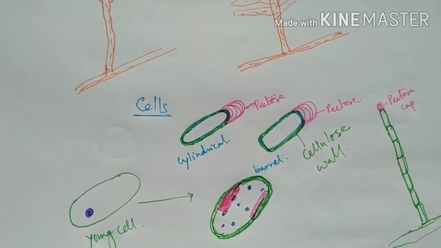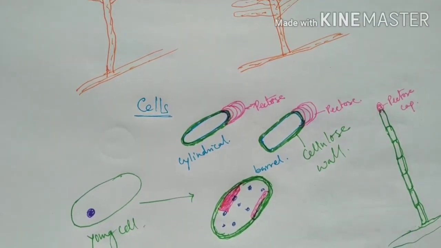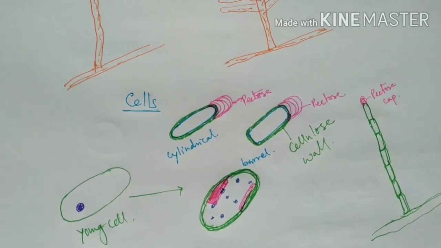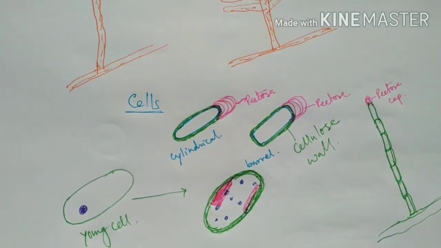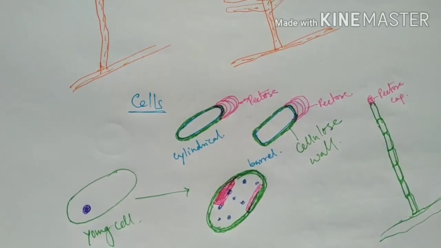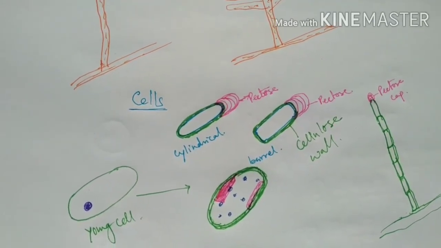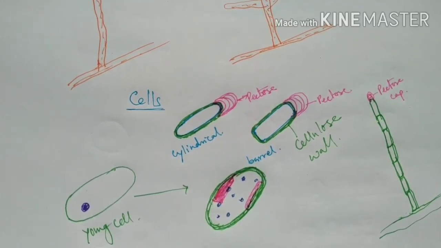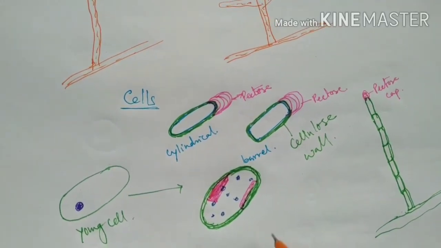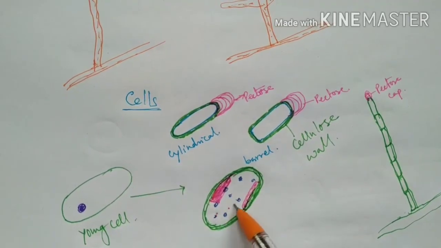So these are parietal chloroplasts without pyrenoid granules. And in the cell of Trentepohlia, beta carotene, which is an orange and red pigment, is present in this cell.